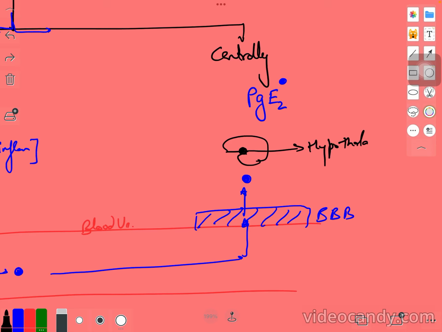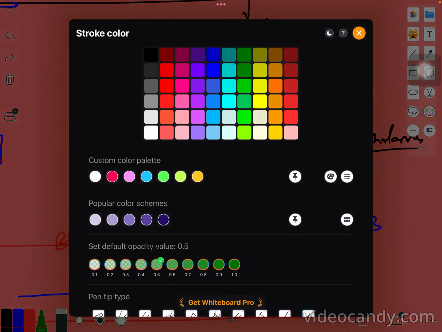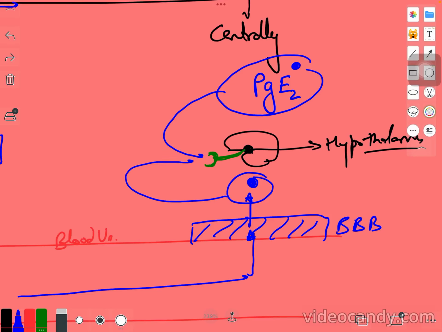We know that the hypothalamus is the main center that causes the fever, but how? The hypothalamus has receptors for this PGE2. Let's say the receptor is somewhat like a hook, and all these prostaglandins which came from central and from peripheral areas by the blood vessel will come and act over here.